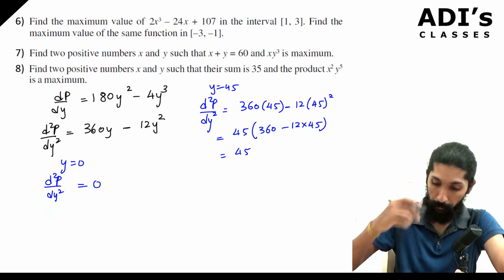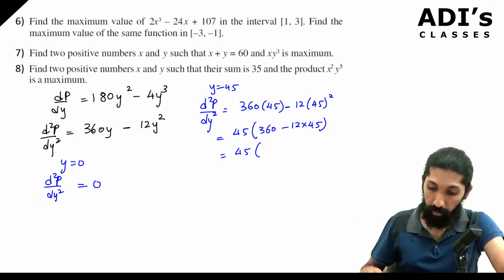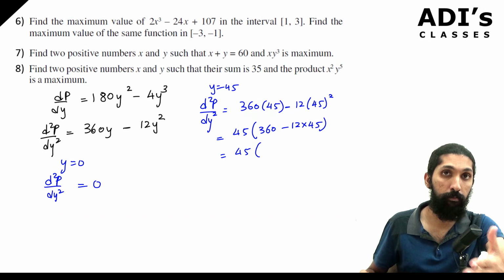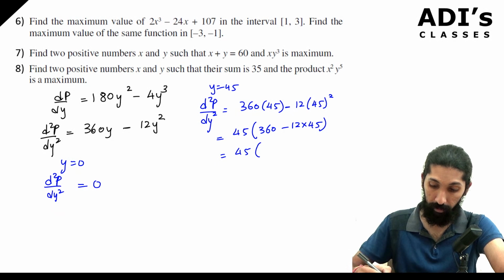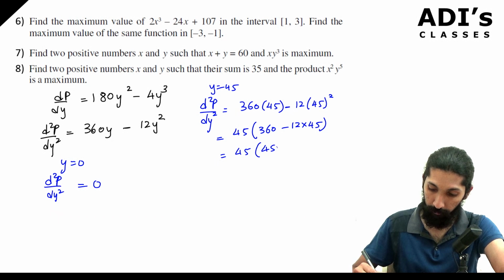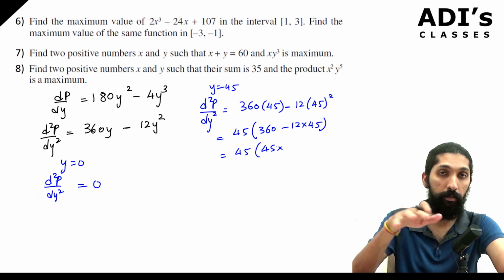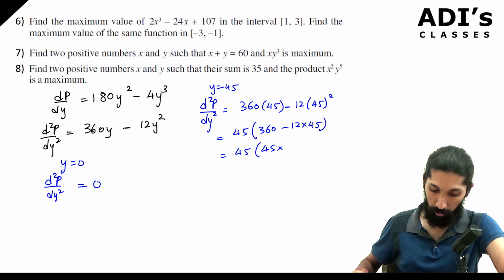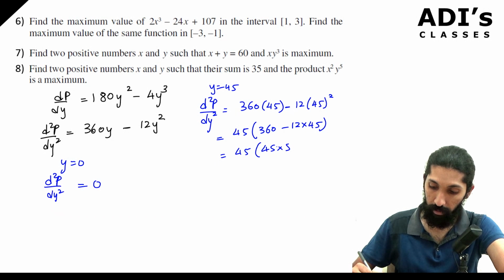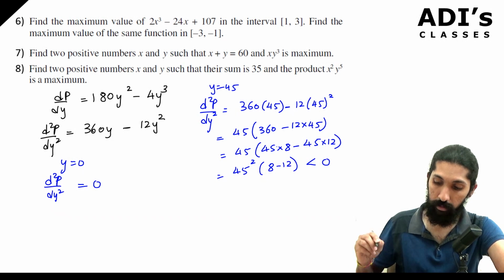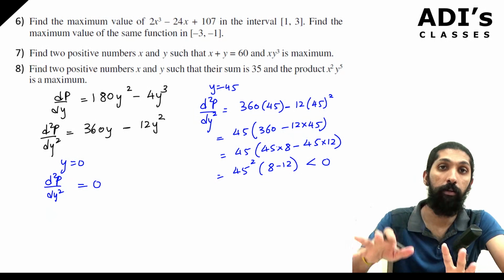So you can write 360 as 45 times 8 minus 45 times 12. So take 45 common: 45 square into (8 minus 12). See, this is less than 0. That's all that is required. You don't have to figure out the value.